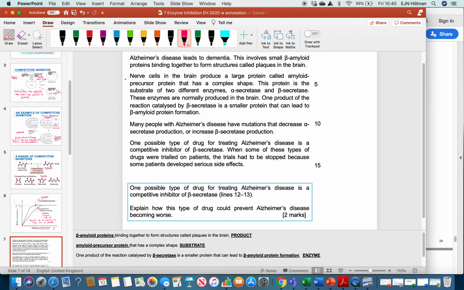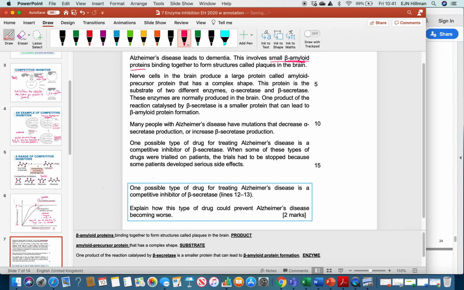So it's important to identify the enzyme, the substrate, the product, and any inhibitors. Okay, so if we read through this, Alzheimer's disease leads to dementia. It involves small beta amyloid proteins binding together to form structures called plaques on the brain. Okay, so Alzheimer's linked to these small beta amyloid proteins.